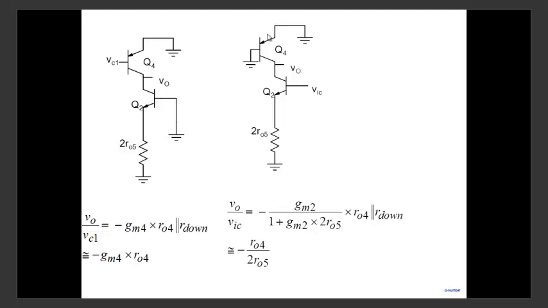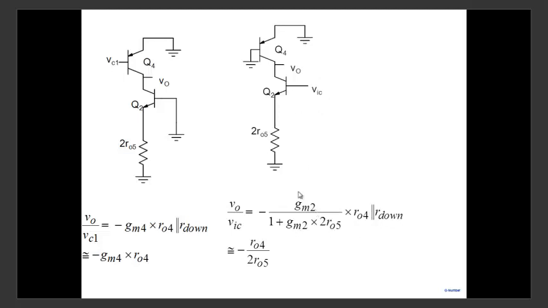RC is R04, but remember normally the gain is RC parallel R0. So the net resistance here is R04 in parallel with whatever is the resistance looking down, which is R down here. V0 by VIC will be GM2, this transistor, divided by 1 plus GMRE.